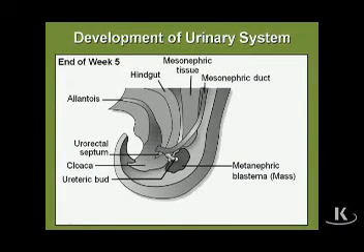If there was no mesonephric duct, there would be no ureteric bud. If there's no ureteric bud, the metanephric blastema would not be induced into forming a kidney. So absence of the ductus deferens implies absence of the kidney.